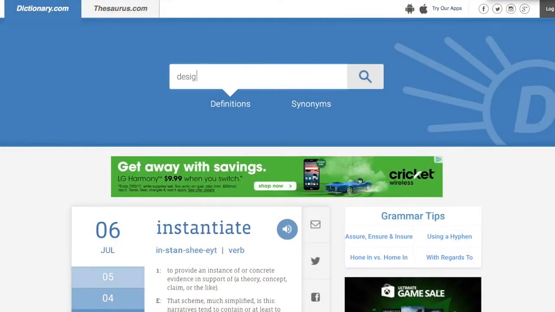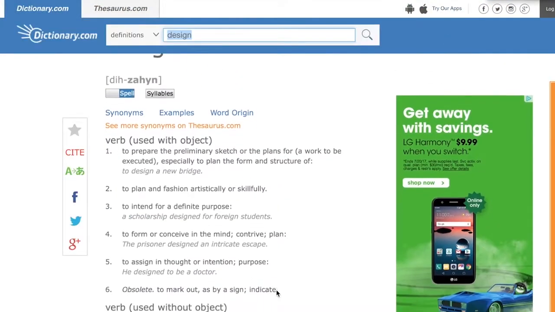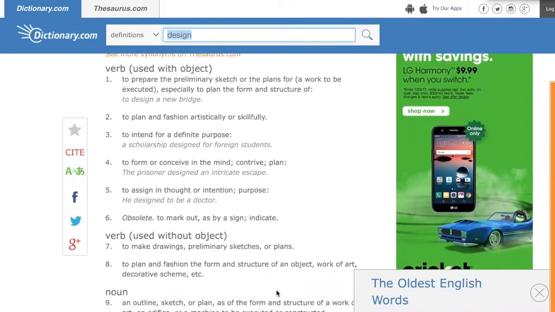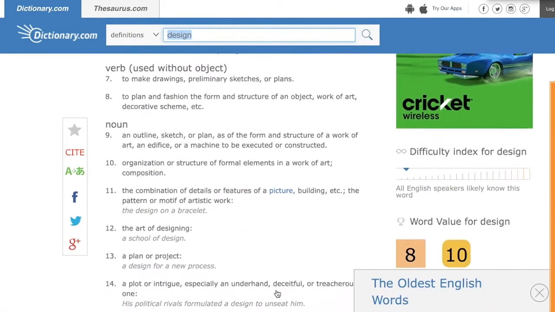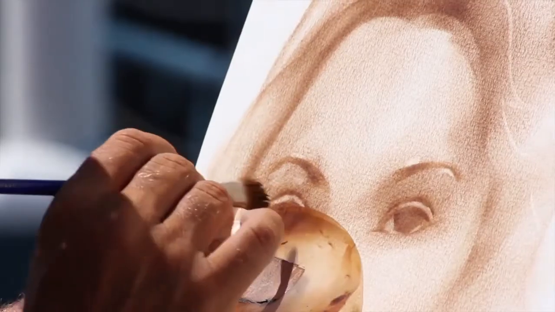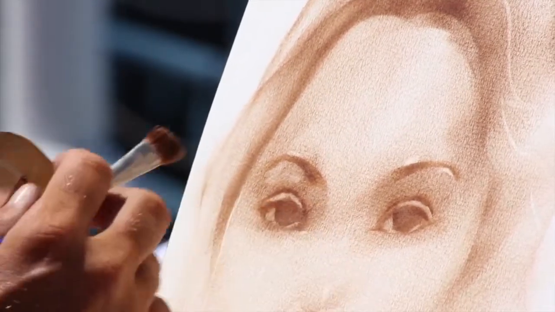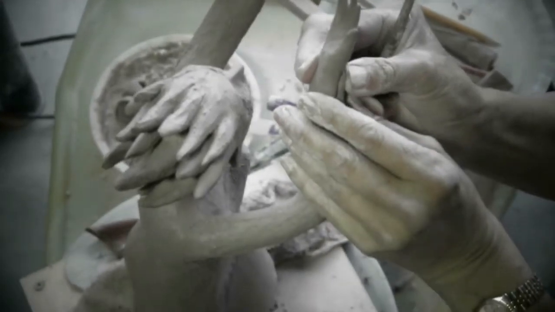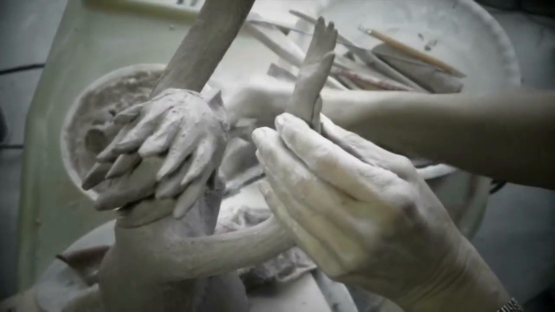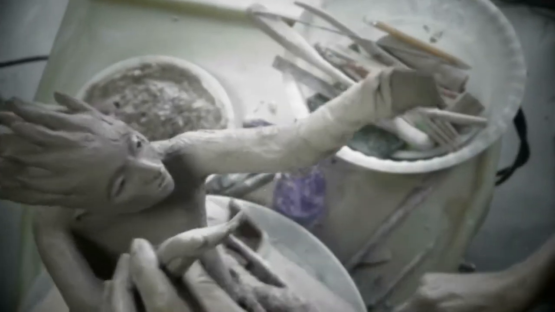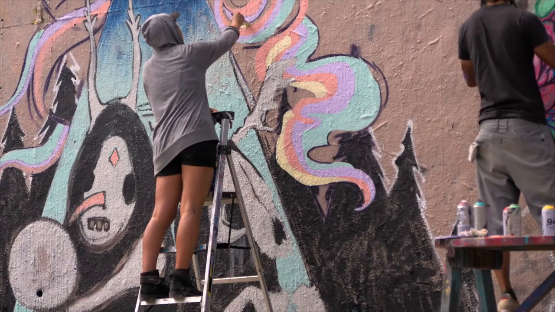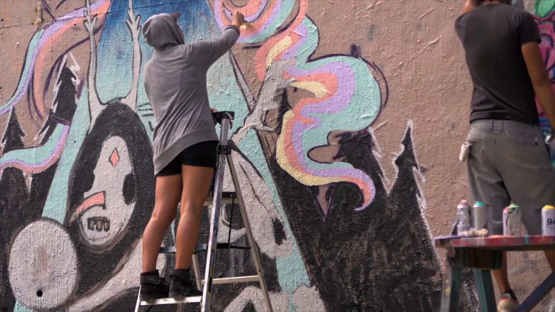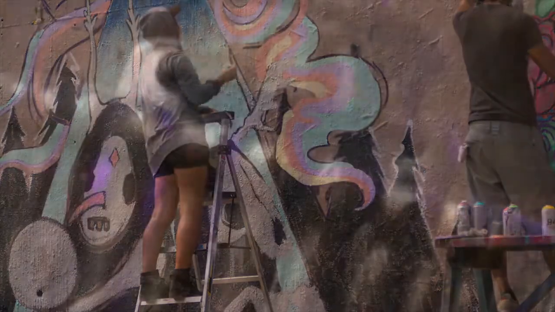In addition to its engineering definitions, the word design can also carry many artistic connotations. Dictionary.com includes among its definitions to plan and fashion artistically or skillfully, to plan and fashion the form and structure of an object, work of art, decorative scheme, etc., and organization or structure of formal elements in a work of art or composition.